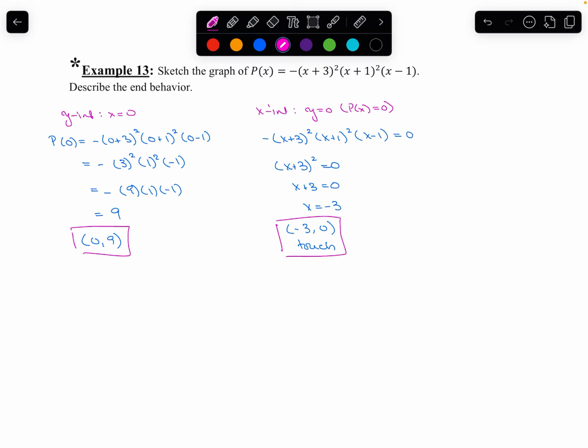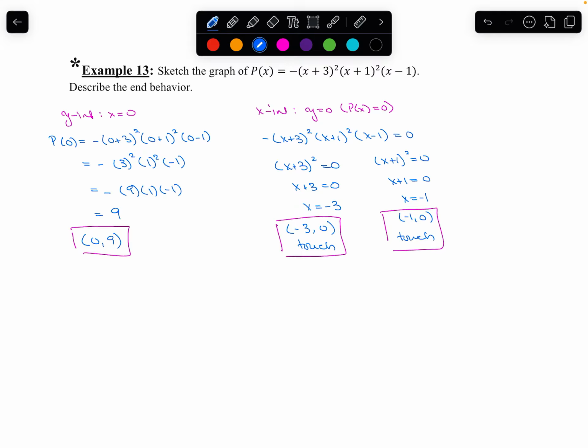Okay, now the next factor. x plus 1 quantity squared is equal to 0. So that means x plus 1 must be equal to 0, so x is equal to negative 1. So at its intercept, negative 1, 0, looking at its multiplicity, which is 2, so it's an even multiplicity, that means, again, it's going to touch at that intercept.